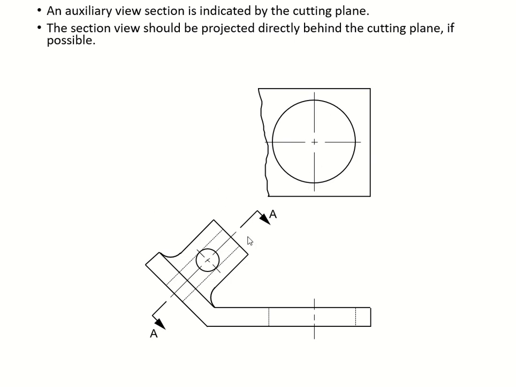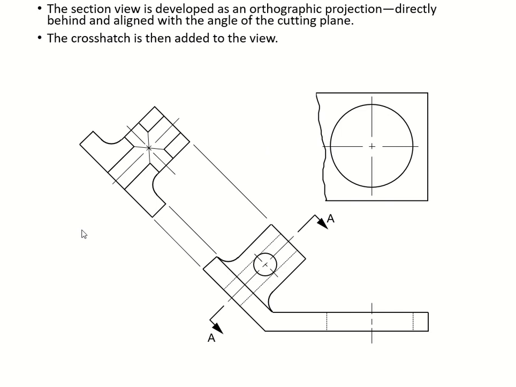Okay. There is a section AA, so here's your cutting plane, and your line of sight is going in this direction. Then we're going to develop our section view by using our ortho projection, cut it down, and draw this way.